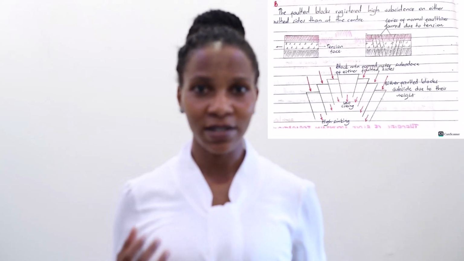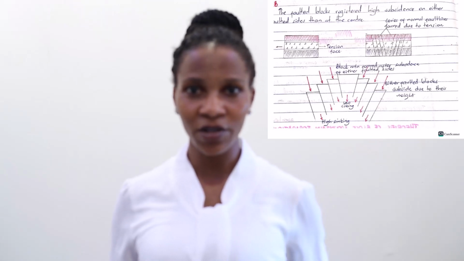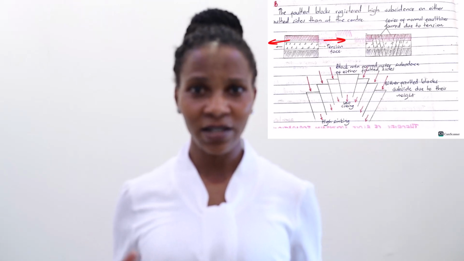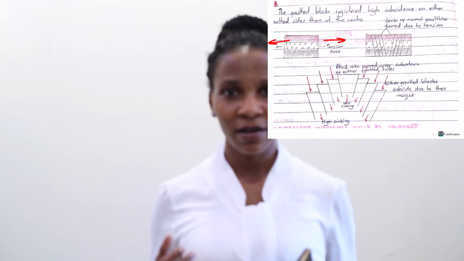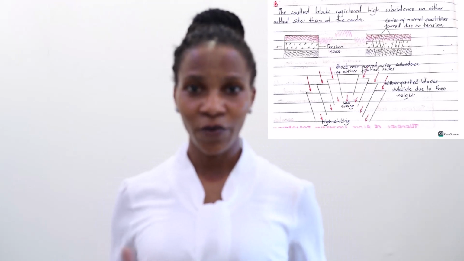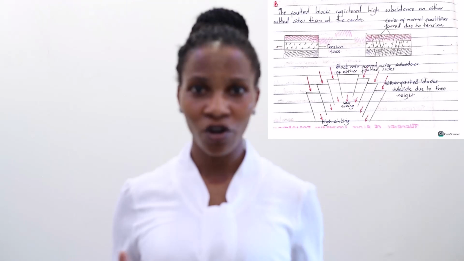Then there are two other theories linked to the formation of block mountains: relative sinking and differential uplift. Relative sinking is linked to the tensional force theory, whereby tensional forces acted on the rocks of the Earth's crust, leading to formation of a series of normal fault lines and faulted blocks.